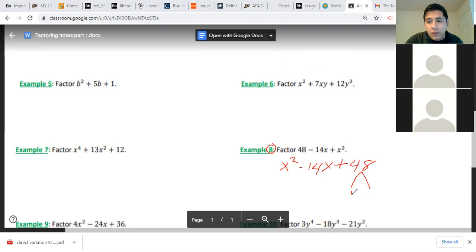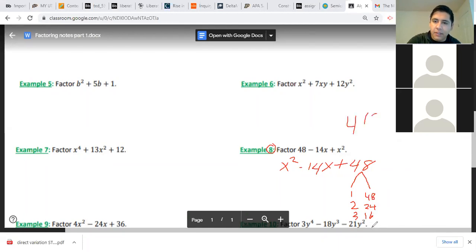1 and 48. Usually I go with a calculator. I just start: 48 divided by 1, 48 divided by 2, 48 divided by 3, 48 divided by 4. So 2 and 24. 48 divided by 3 is 16, so 3 and 16. 48 divided by 4, 4 and 12.